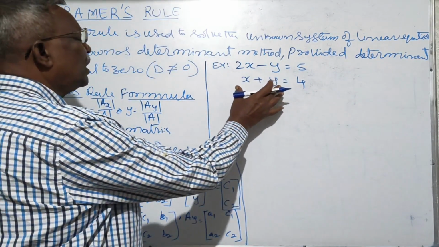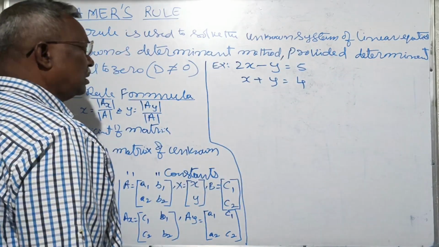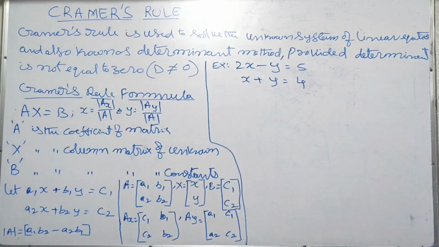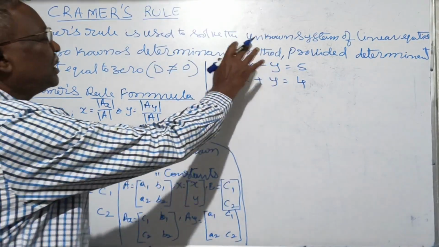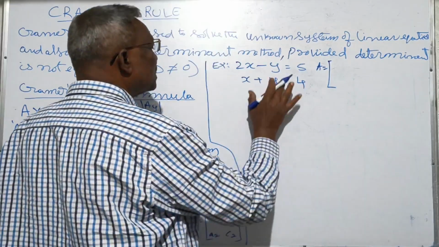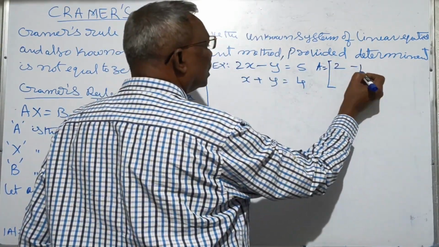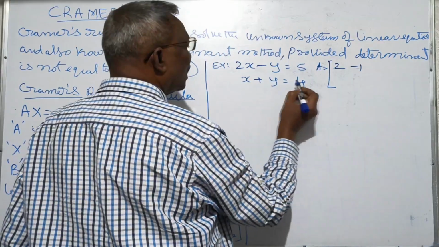We bring them to the form of matrices. A is the coefficients of the linear equations. Matrix A is equal to 2, minus 1, 1, 1.